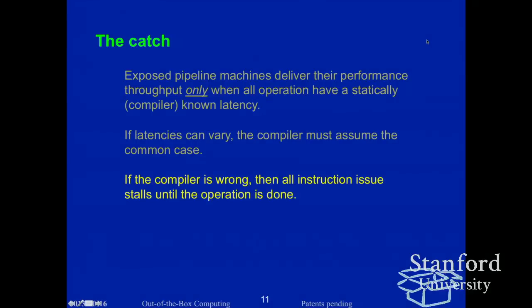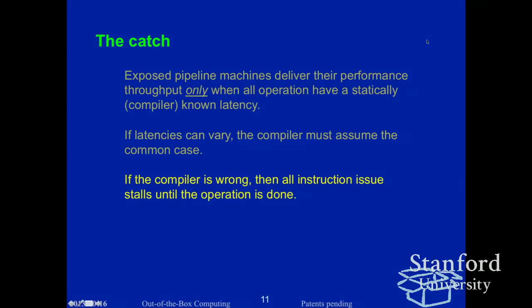If the latency is not statically knowable, then the compiler must assume the common case, which is typically the optimistic case. And if the compiler is wrong, then we have to stop issuing all other operations until we actually have that result.